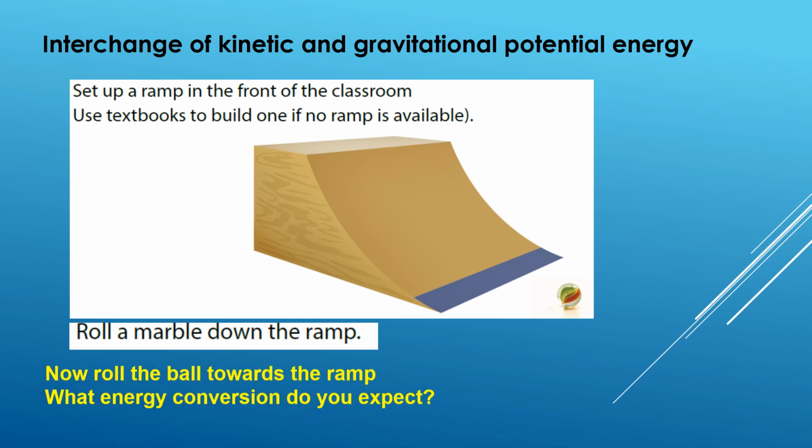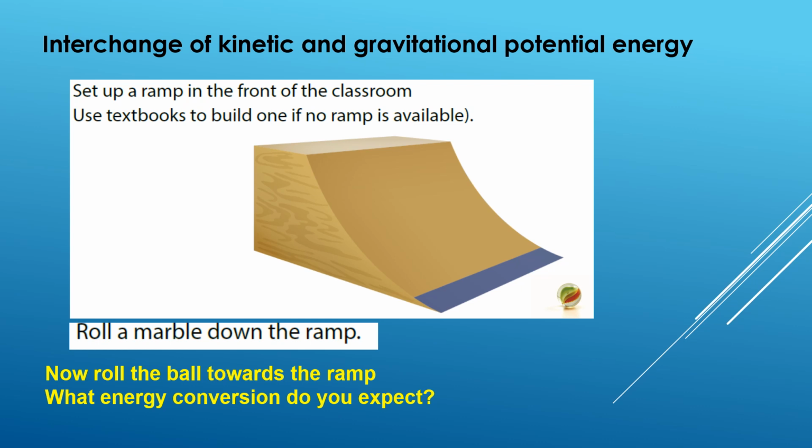Now imagine we take the marble and roll it towards the ramp. What energy conversion would we expect? So while the marble is moving towards the ramp, it has kinetic energy, and as it starts moving upwards on the ramp, it will have gravitational potential energy.